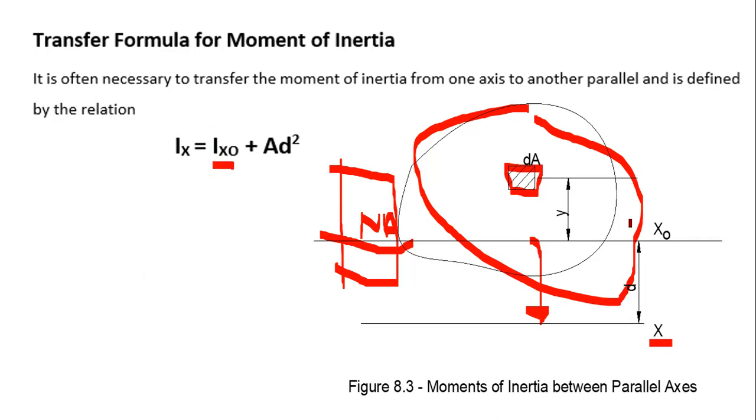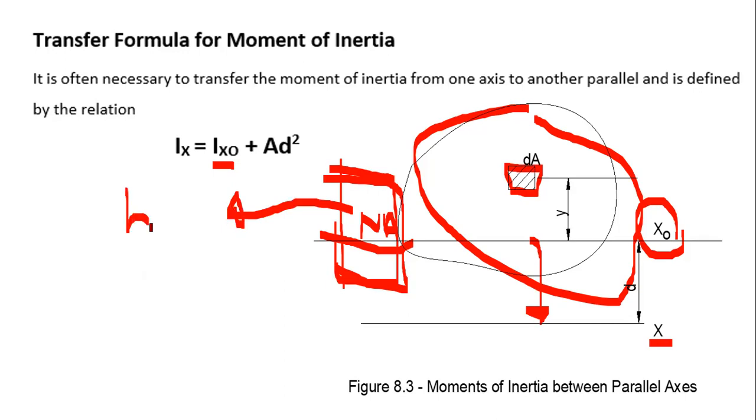So the moment of inertia with respect to this XO, our local neutral axis, or for example this rectangle, its neutral axis, the moment of inertia of a rectangle, just to review, is B D cube over 12.